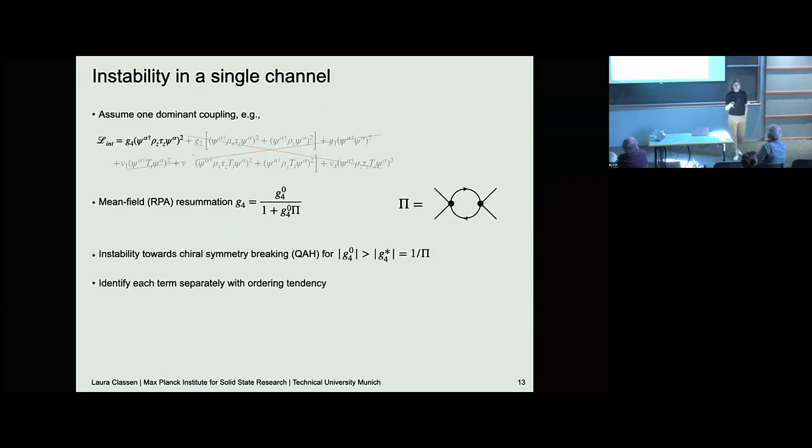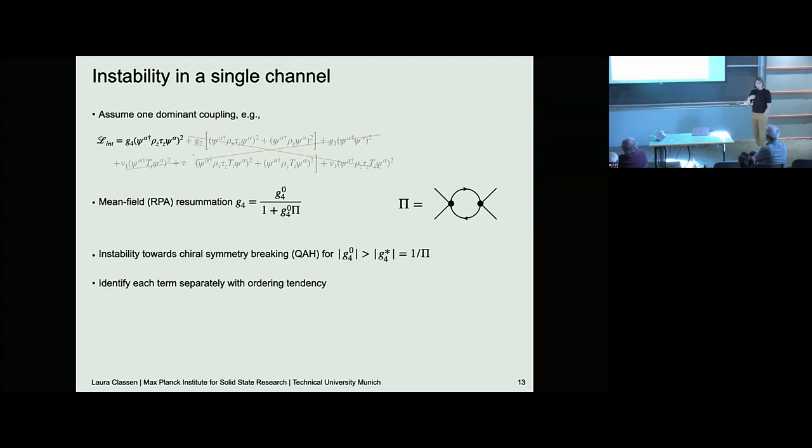But first, let me do something simpler. Let me assume we have just one of them. For example, it could be this one, which, if I have just this one, I can resum in an RPA-like fashion, so mean field approach, and then I would get a renormalization of that coupling, which has an instability if this becomes 0.